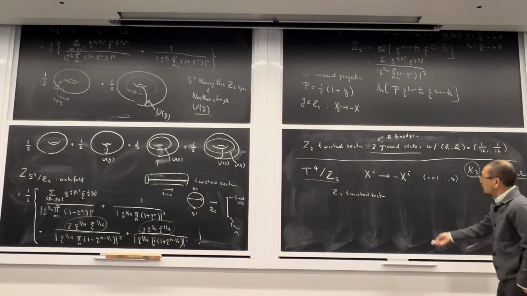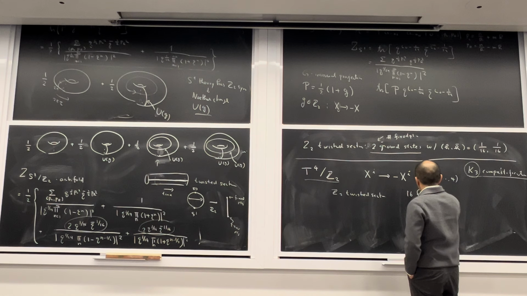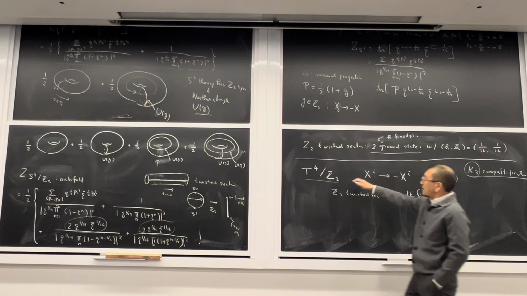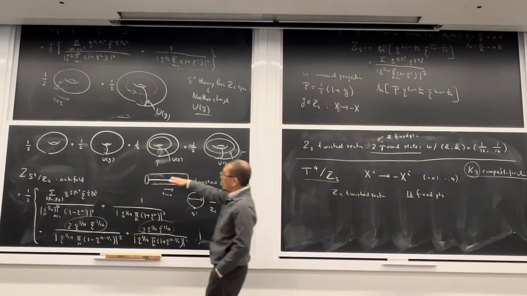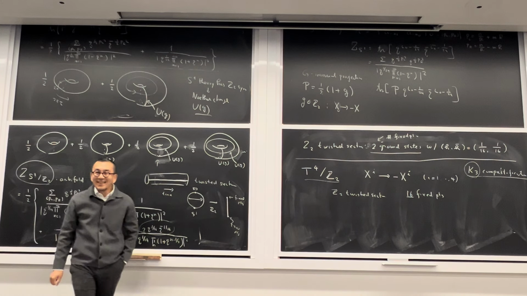Okay, so in the case of T4, there are actually 16 fixed points. And the reason you have 16 is that this can be regarded as a full product of these kinds of things.